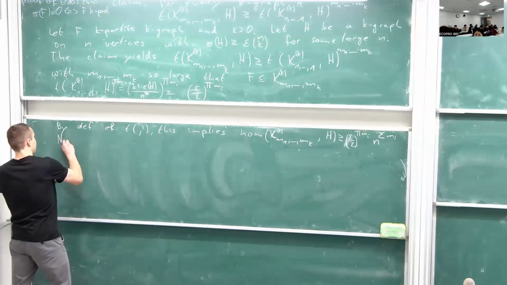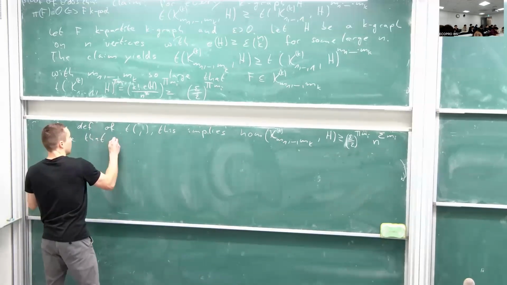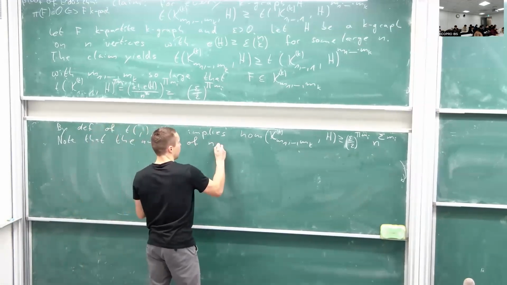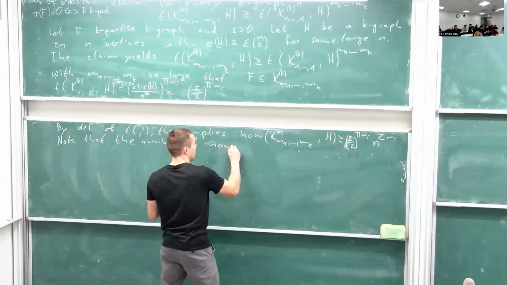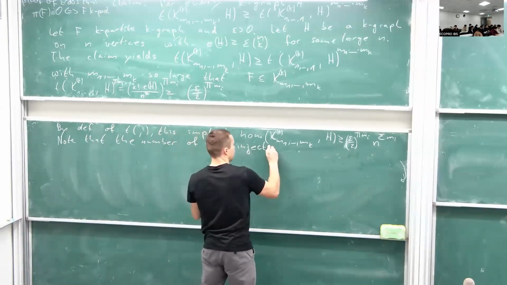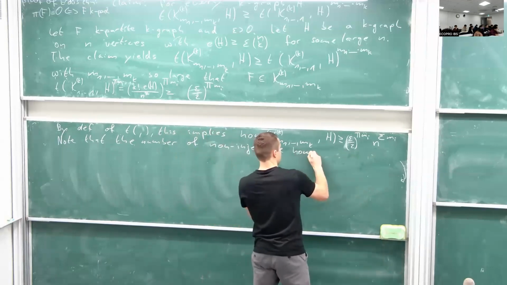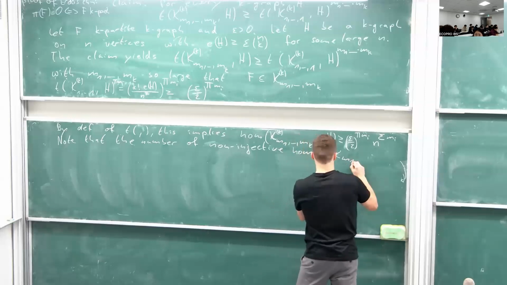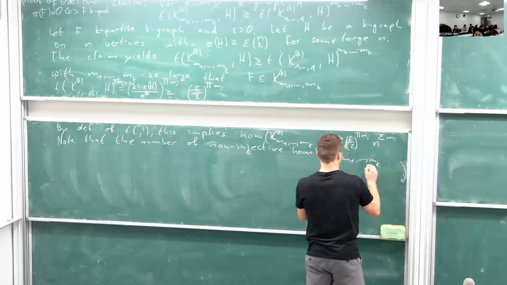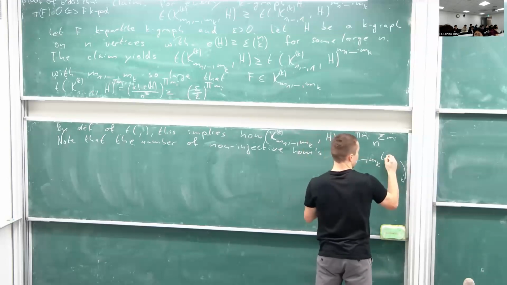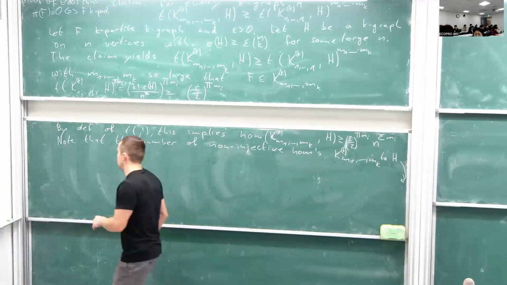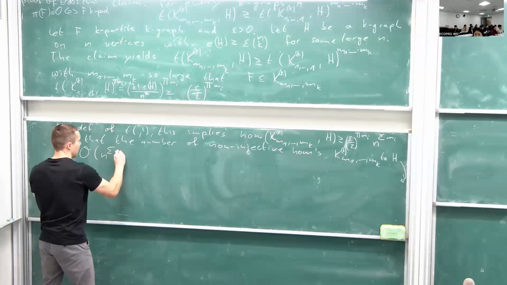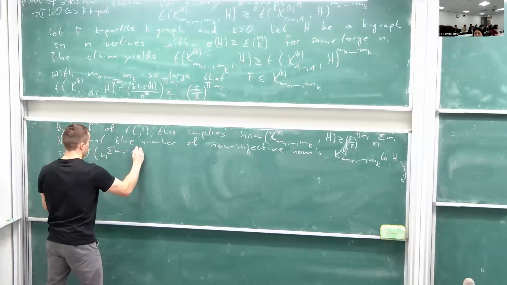So the number of non-injective homomorphisms from K to H is big O of n to the sum of the mi minus 1.